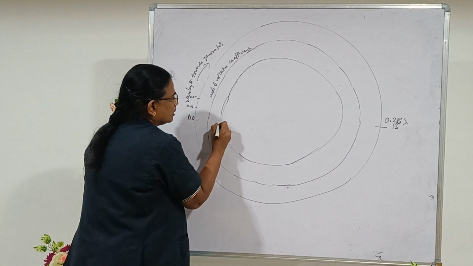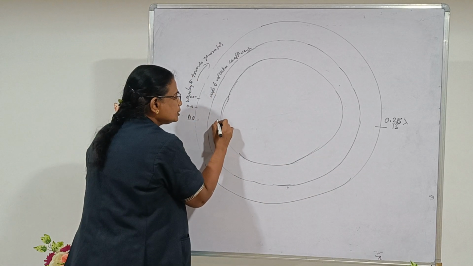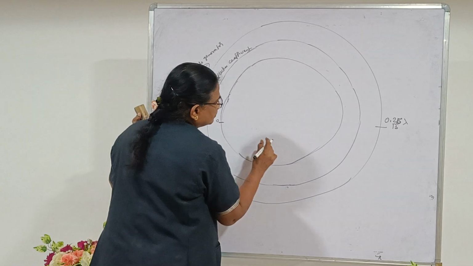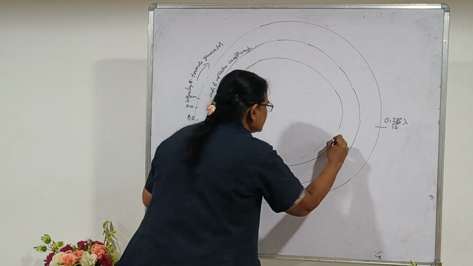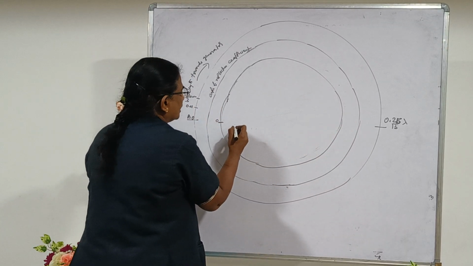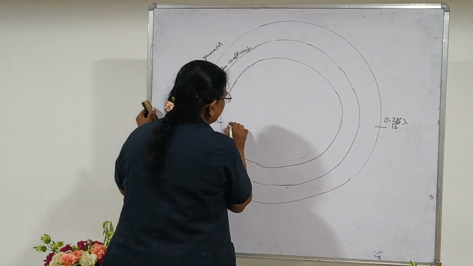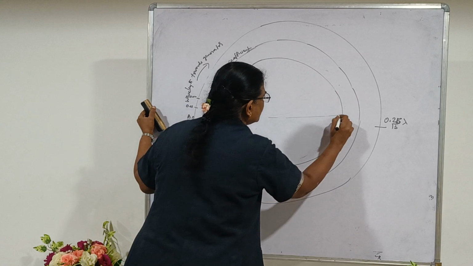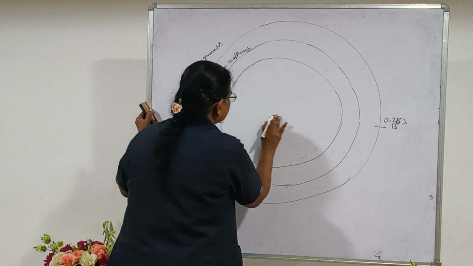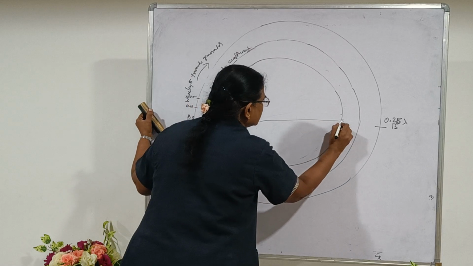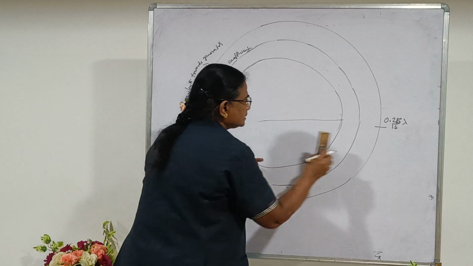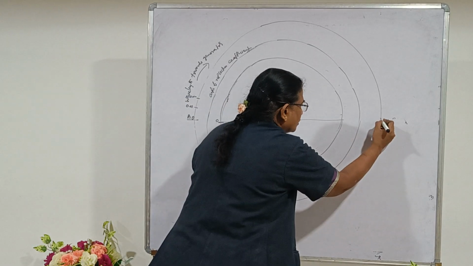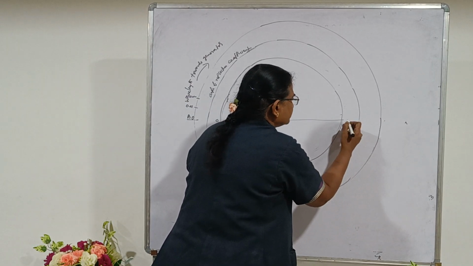This is the R equal to 0 circle. The R equal to 1 circle passes through the center of the chart. Draw a horizontal line. Here the value of R is very high, so this end is designated as the open circuited end.